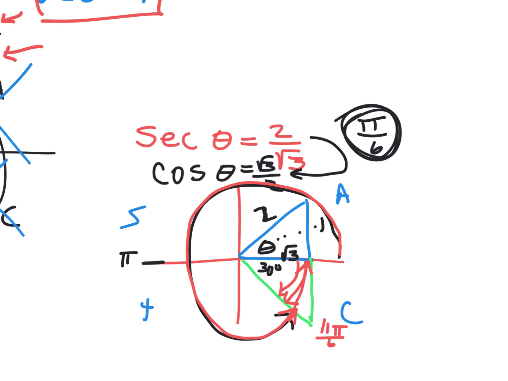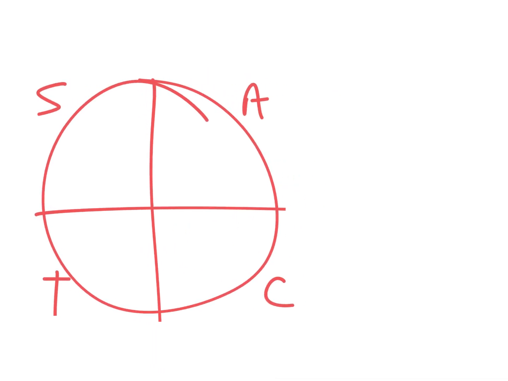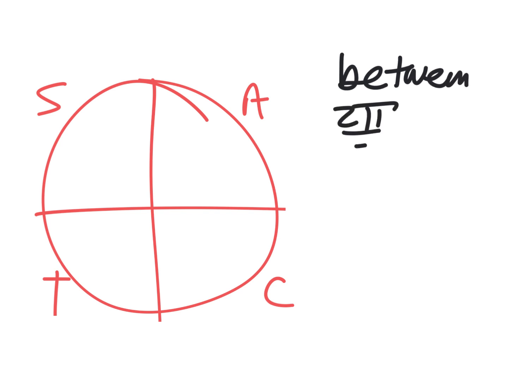So, all right, what else do we have to know? Let me give you one last major kind of problem that we have to be good at. What if I say, here's my circle, and I tell you that we're going to stay between 3 pi over 2 and 2 pi.